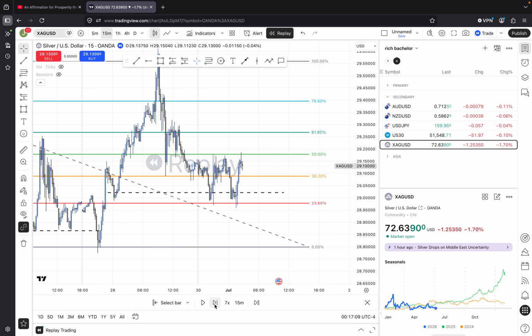Cool, now I have my equal high. I might finally have got that lower high I'm looking for.